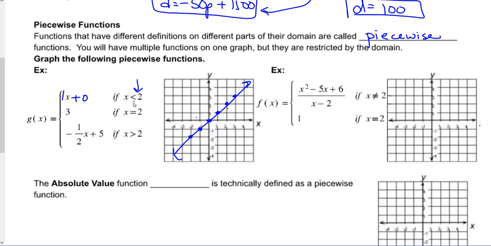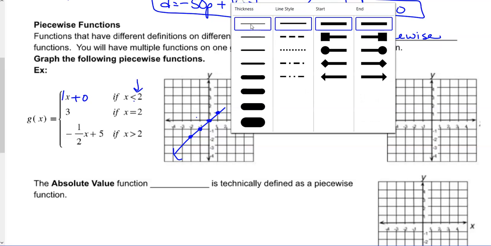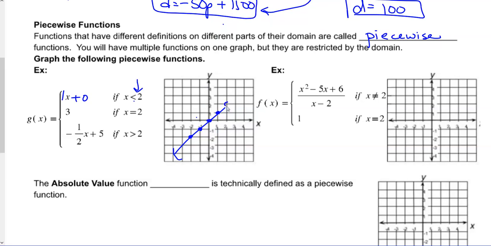Now notice I don't have an equals, so I'm going to grab this little eraser and erase this part up to there. When I don't have an equals, that means I can't have a solid dot there. I've got to have an open circle at x equaling 2. So that is the line y equals x, but I'm restricting its domain from x equaling 2 and down, so we only draw that portion of it.